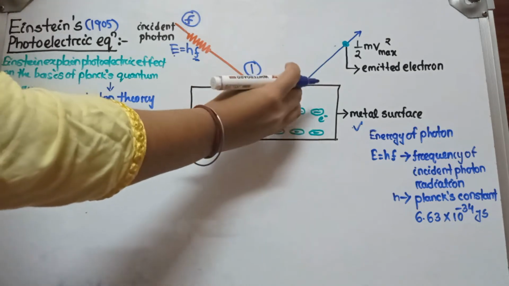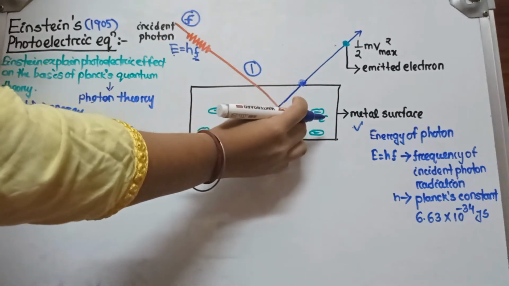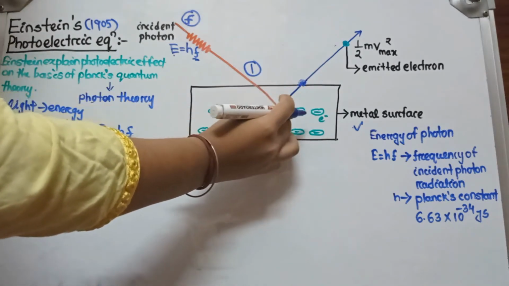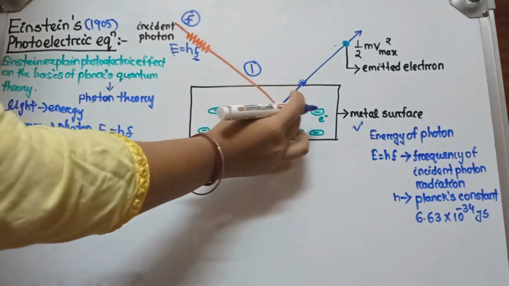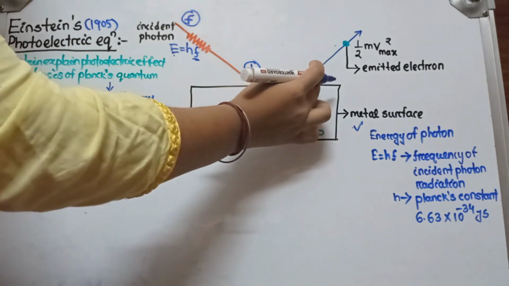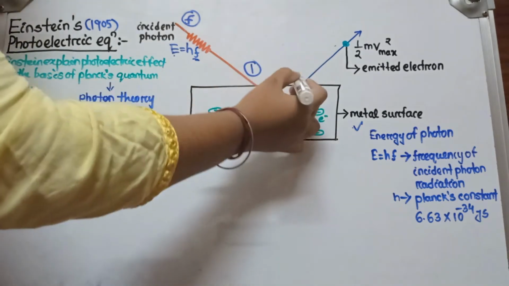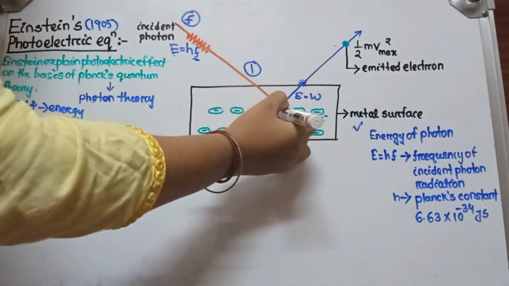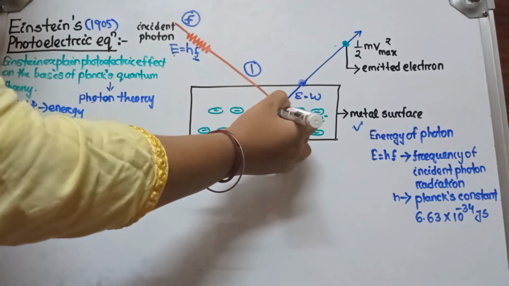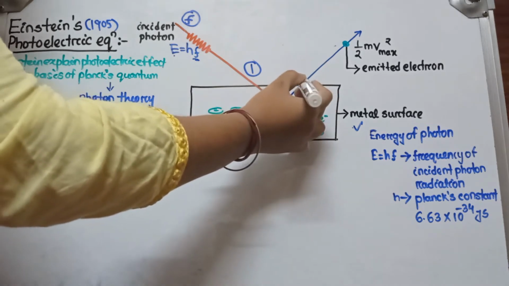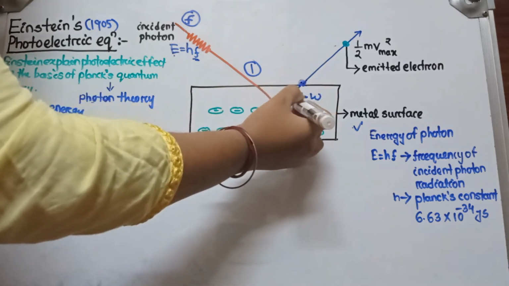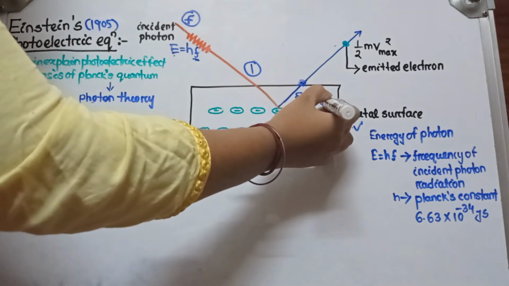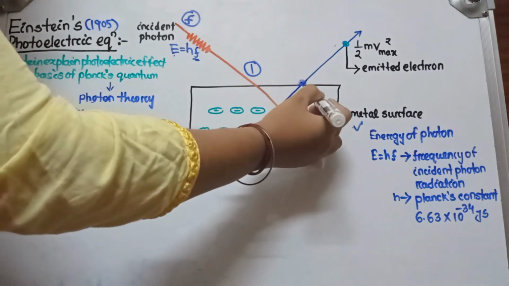The first part of the energy is used by the electron to overcome the potential barrier and reach the metal surface. That work, the energy used by the electron to overcome the potential barrier and reach the metal surface, is known as the work function, that is W0.